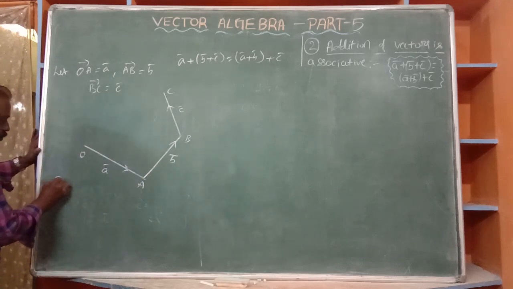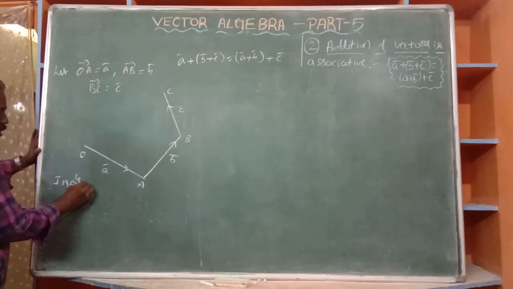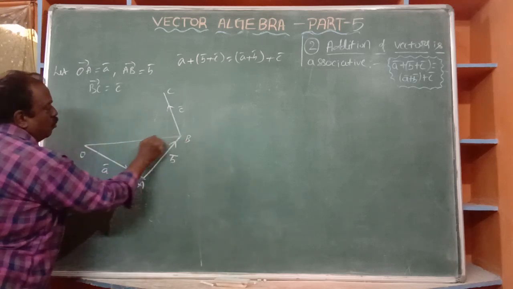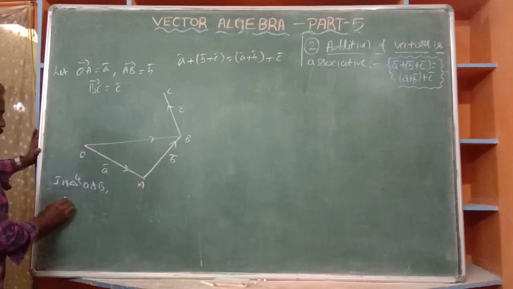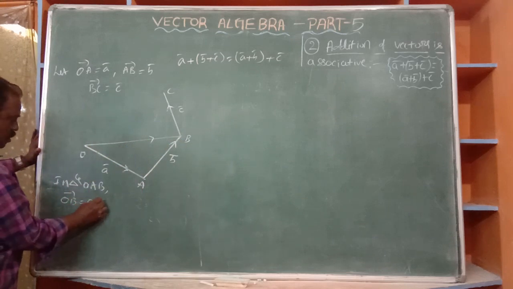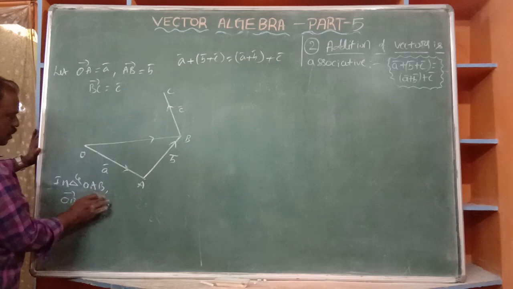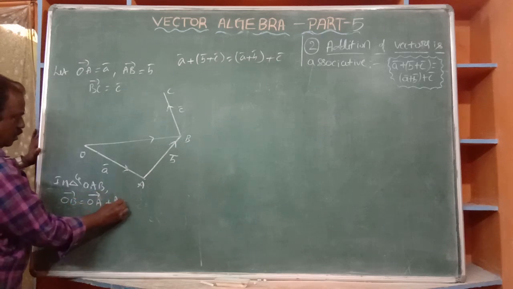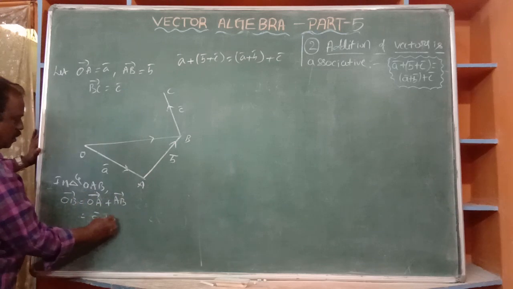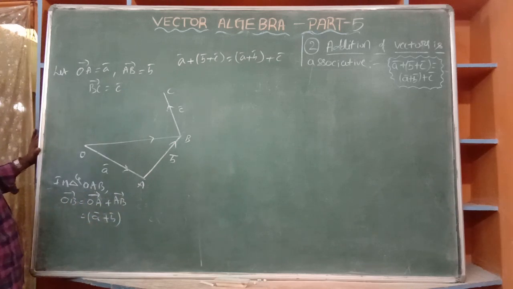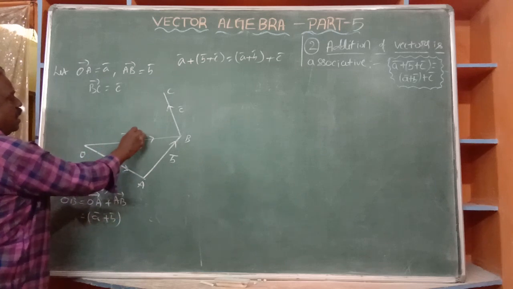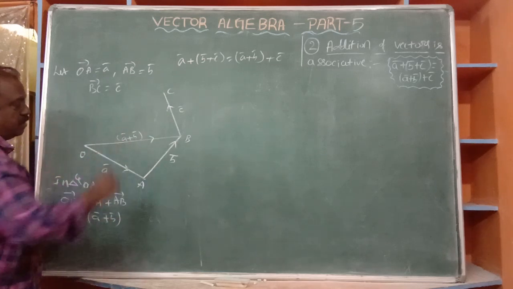Now, in triangle OAB, what is OB bar? It is OA bar plus AB bar, that is A bar plus B bar. It is OB bar. Here we are using the triangle addition of vectors.